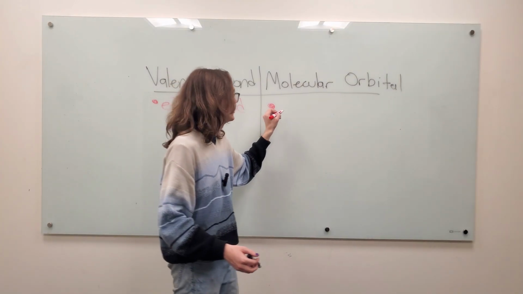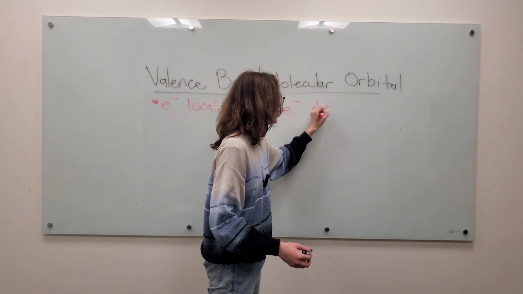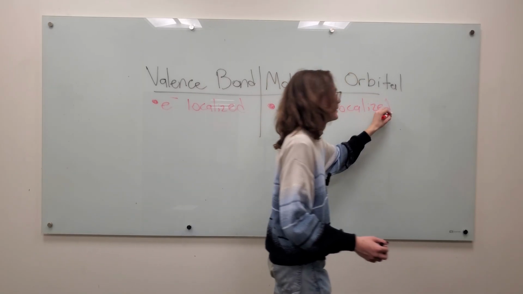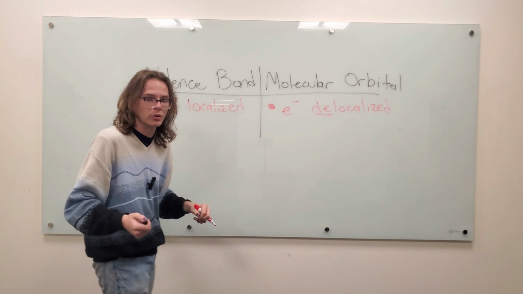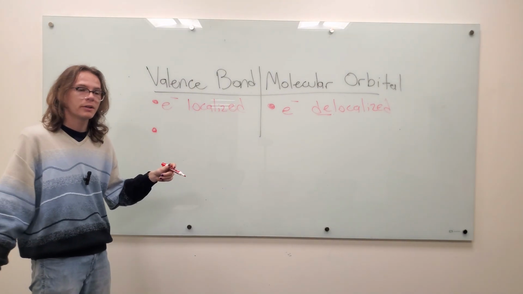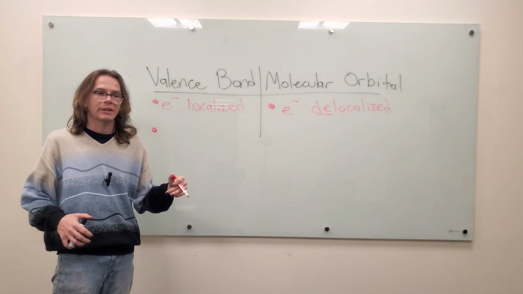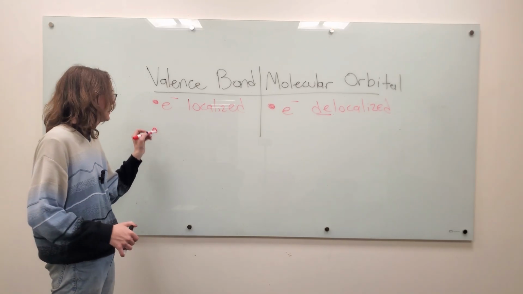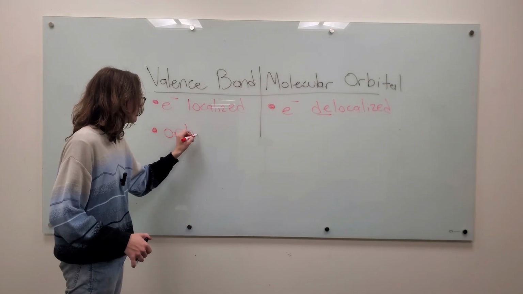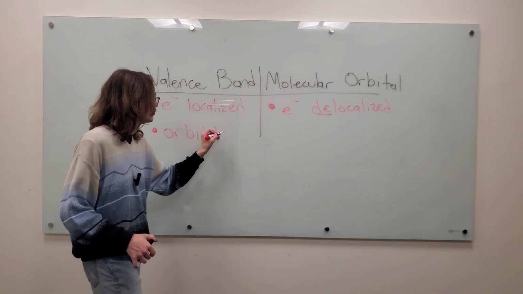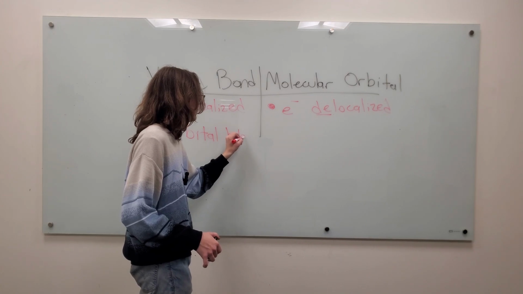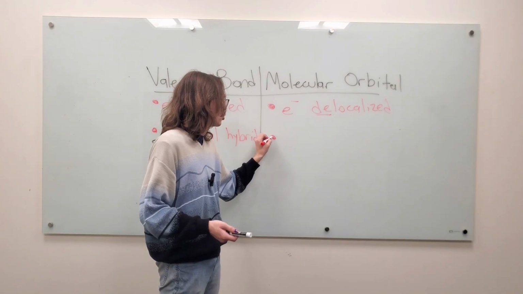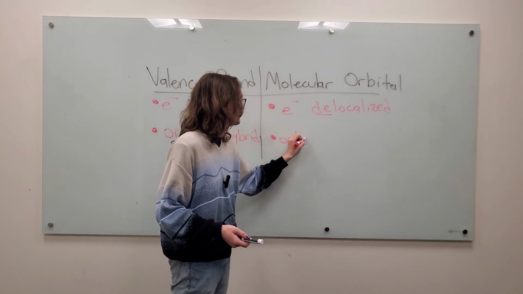With molecular orbital theory, electrons are delocalized throughout the entire molecule, in a molecular orbital. With valence bond theory, we can describe when something has multiple bonds with orbital hybridization, whereas with molecular orbital theory, orbitals do not hybridize.